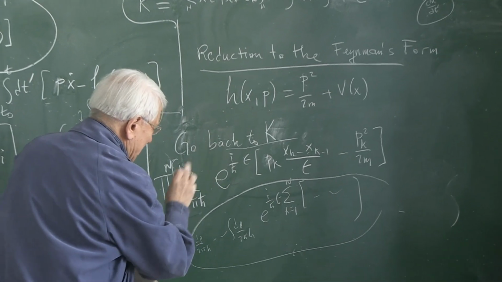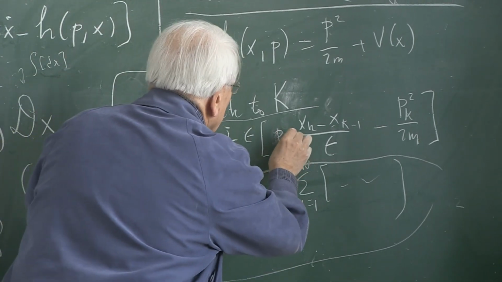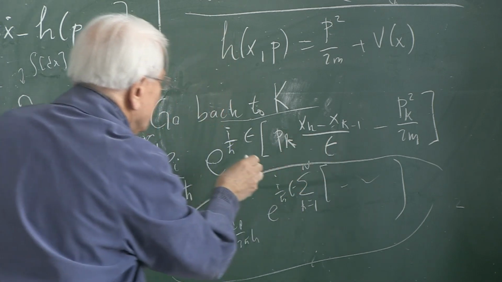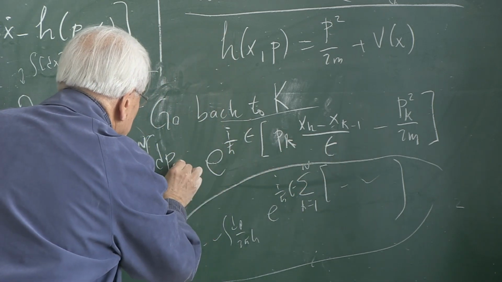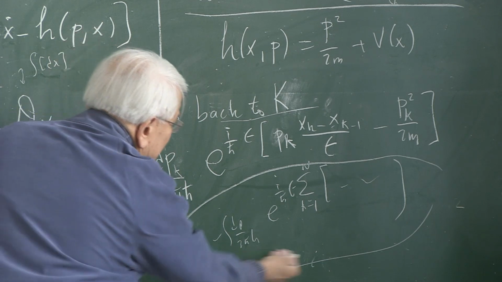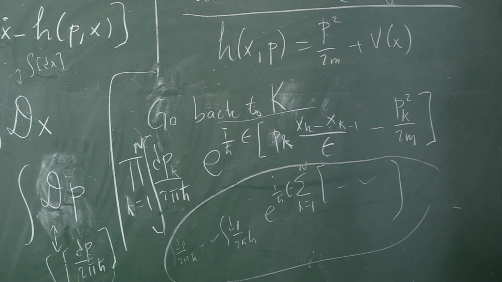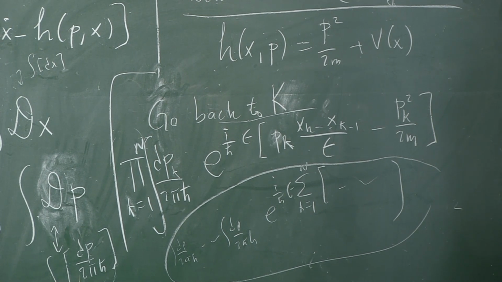Perhaps I have the labels i and k, let me retain k. K is a good notation, it's visible. Let me convert them to k, so that this is equivalent to that one. For each k, I have dp divided by 2 pi h bar, one exponential. Put N of them together, and you get the lower part and that part.